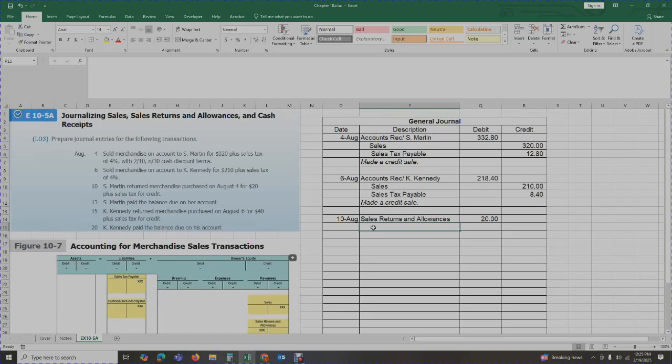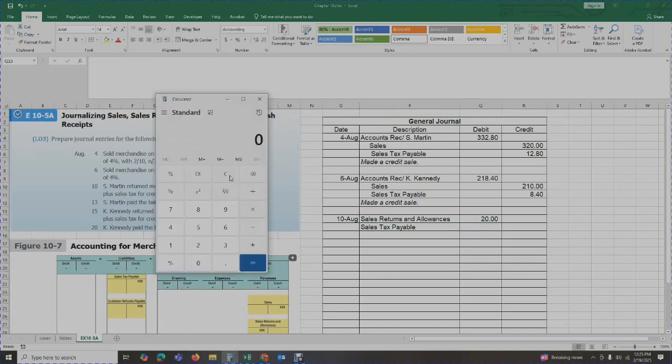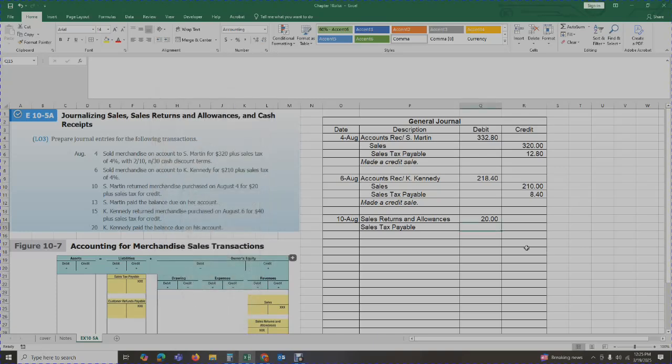So here we're going to debit our sales tax payable for the amount of the taxes. So we're making a return of $20. The taxes is 4%. So that means I'm going to return 80 cents of taxes. That's going to be a debit of 80 cents.